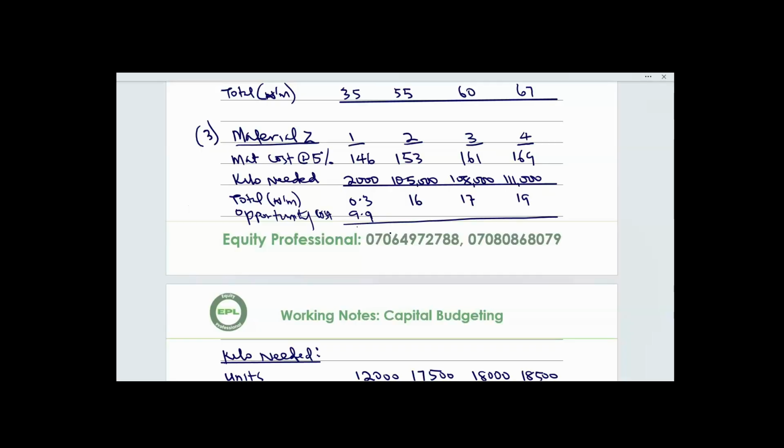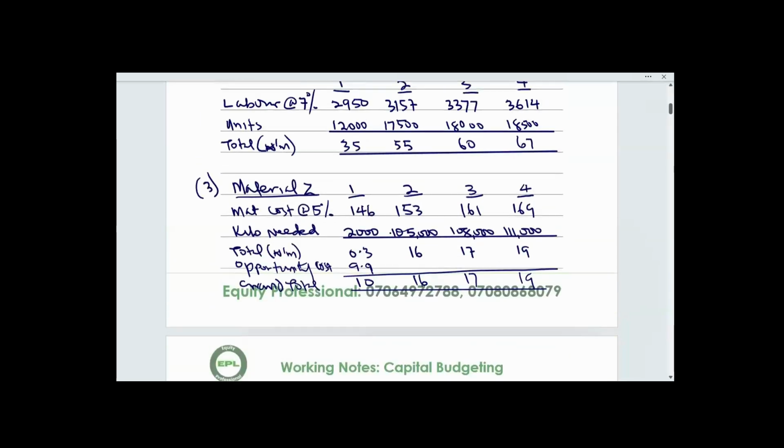Then you can just round it. Examiner says you should round your number to million. So that will give us 10 million. So here is 16, 17, then 19. This represents the total cost of the material, the grand total, which you are going to need when you are calculating your NPV.